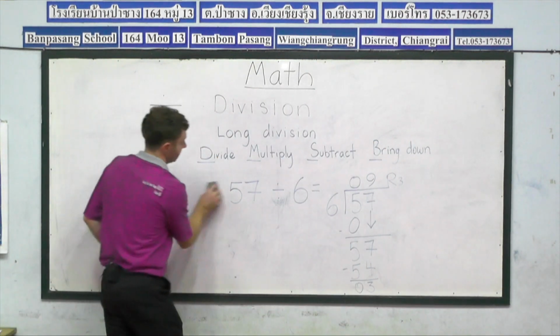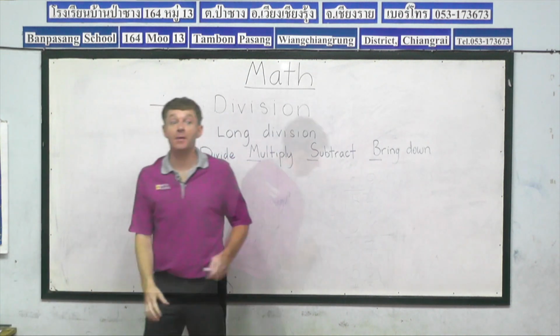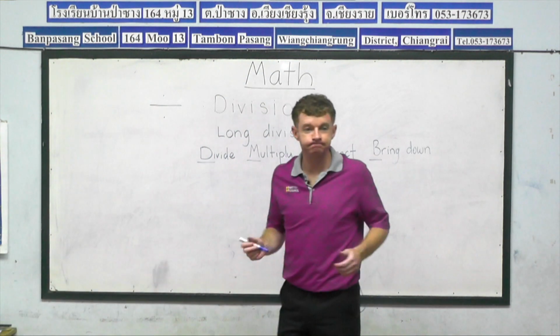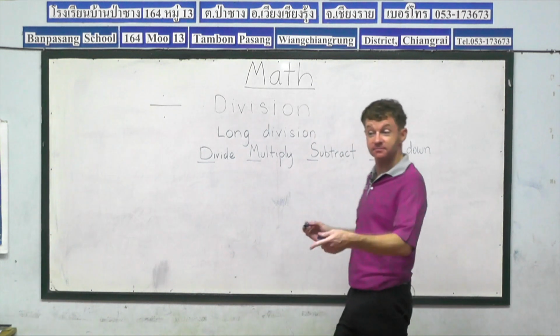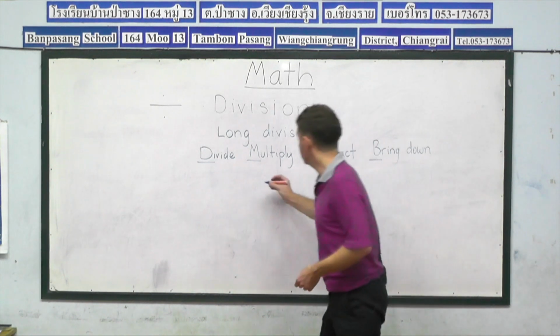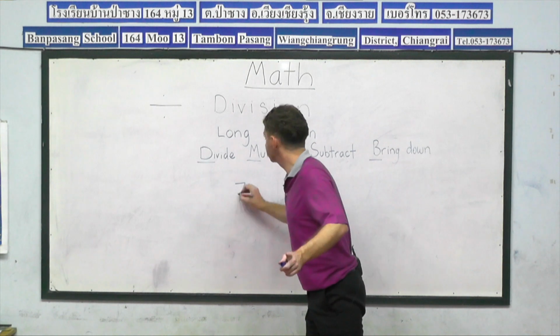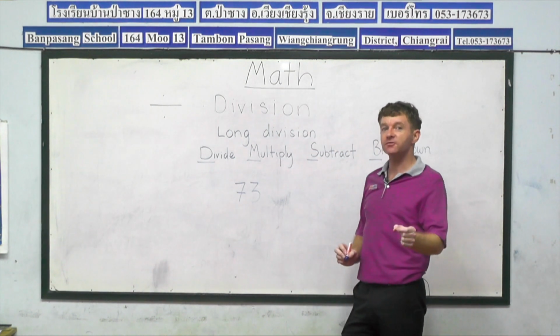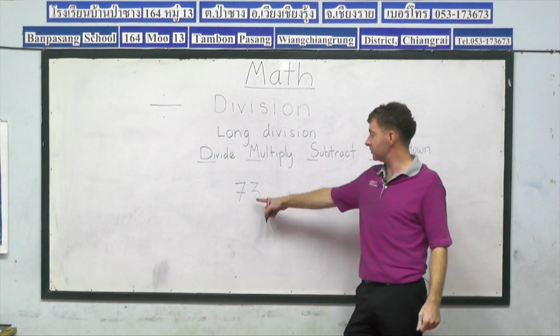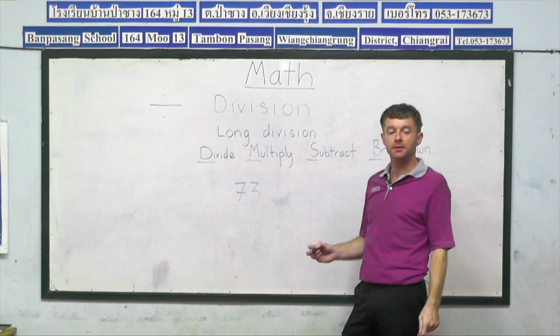Yes, let's do one more together before we move on. So now, clean the board one more time. Now I need some more numbers. We've used 5. 7? 73. Okay, we'll use 73. Now somebody give me, to make sure there's remainders, give me an even number. 3 is odd, so give me an even number. 8.